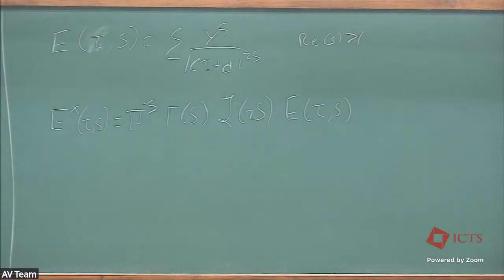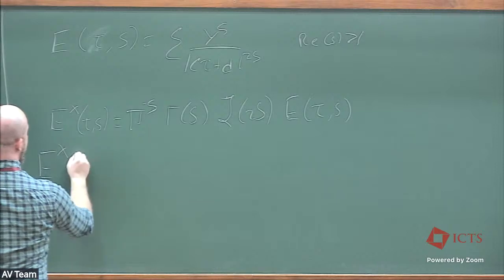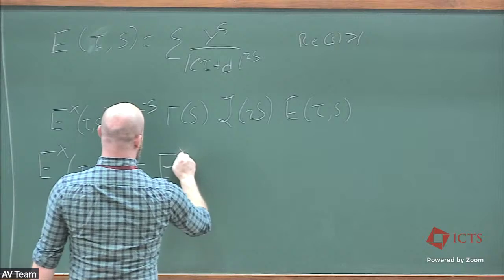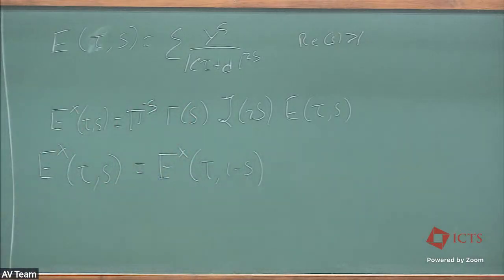This is again well known from the theory of Maass forms, but this particular version has this very nice functional relation where this is equal to E star tau of 1 minus s.